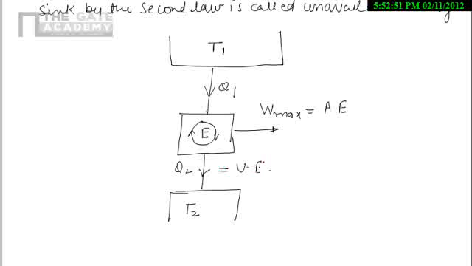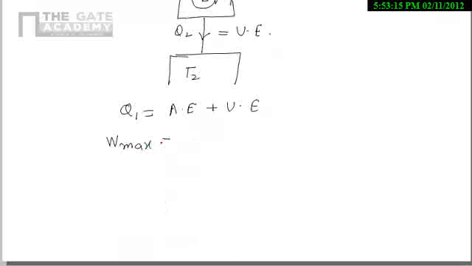From this diagram it is very clear: W max is our available energy, and Q2, which is rejected to the sink, is unavailable energy. So Q1 is the summation of available energy plus unavailable energy. For W max, that is available energy, equals Q1 minus unavailable energy. So now we can define the available and unavailable energy in a cycle.